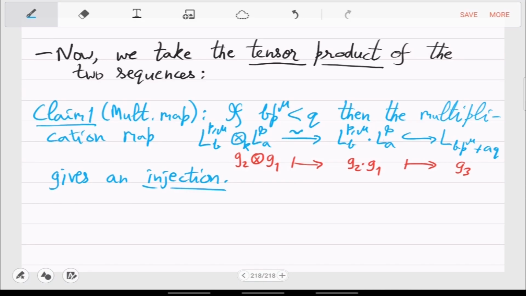So you again get a function G3, which is contained in that L sheaf. The content of the claim is that there is no information loss. Okay, first is an isomorphism, second is an injection. So we'll prove this next time.